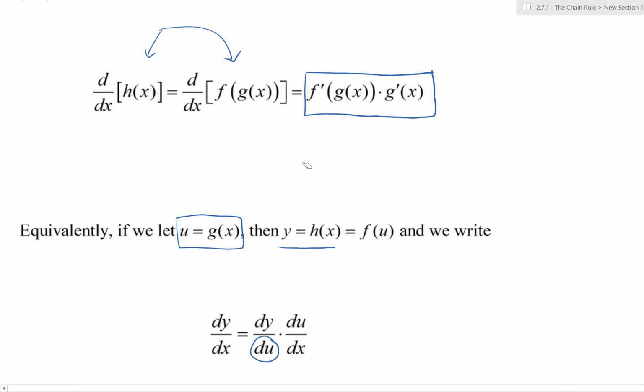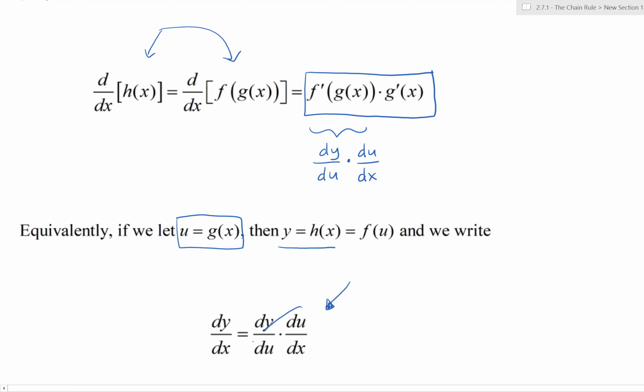So think of this first piece as your dy du, times the derivative of g with respect to x, but g is in this situation what we're calling u. So that's the same as du dx, so times a du dx, which is exactly what we see right here.